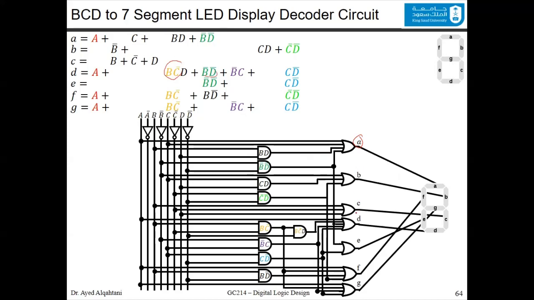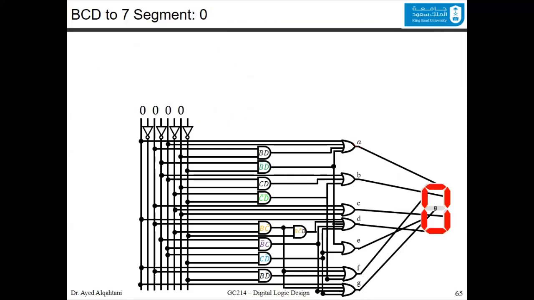Now these A, B, C, D, E, F, and G outputs are connected to the LEDs to perform the BCD to 7-segment LED display decoder circuit. To show some examples, we will show all the cases for all the numbers. If we have 0, we enter the binary value 0, 0, 0, 0, and it should light up like this.